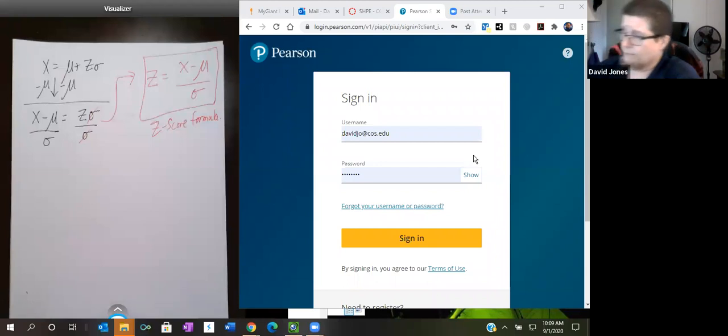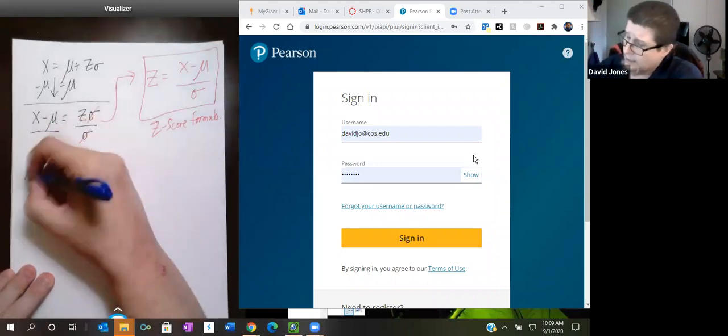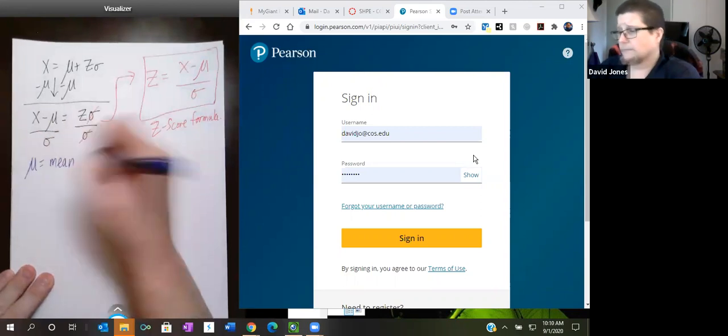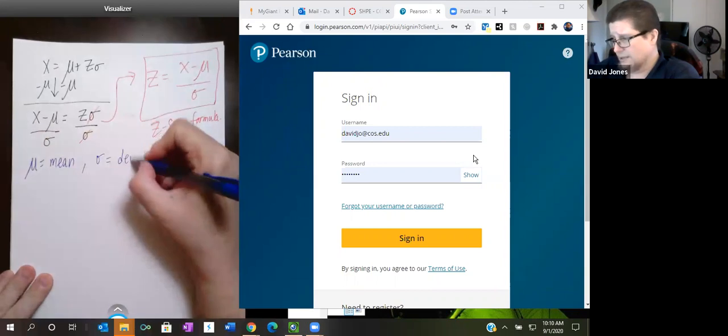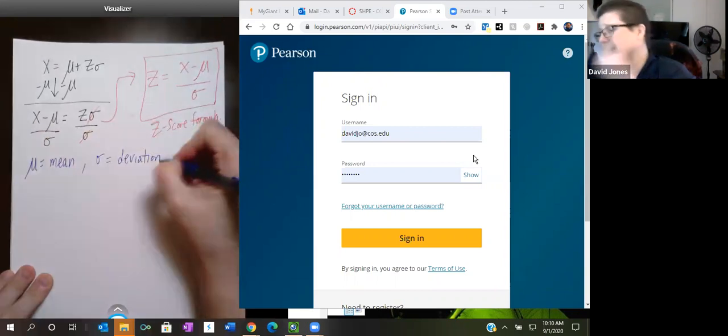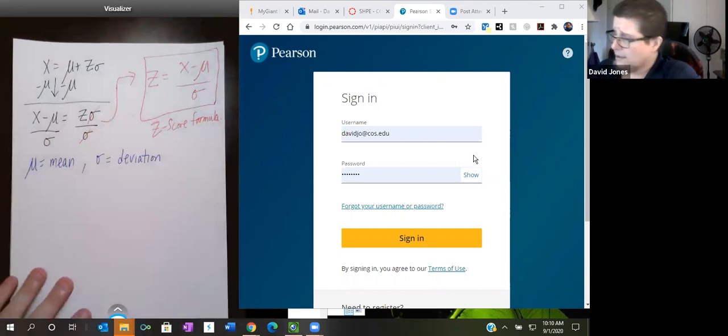Where mu is the mean, sigma is our deviation. It was that ugly formula, but StatCrunch will give it to us, or it may be given to you already, like where I gave you the guys' and girls' heights and deviations. It was already calculated by people.